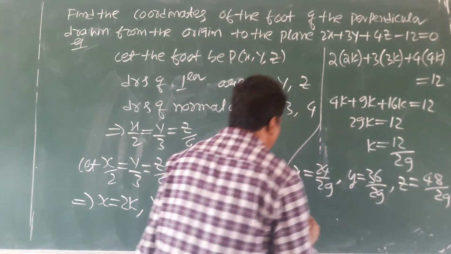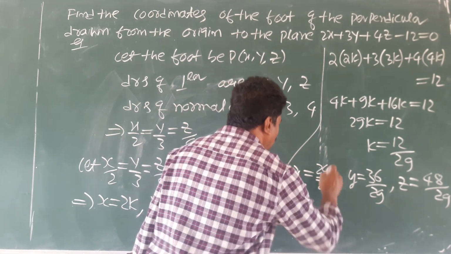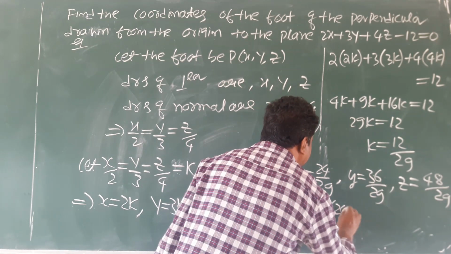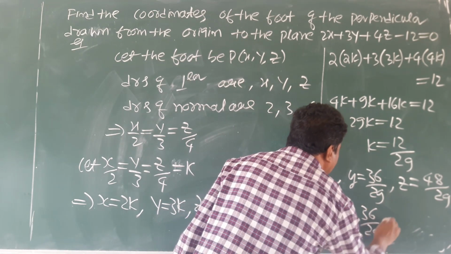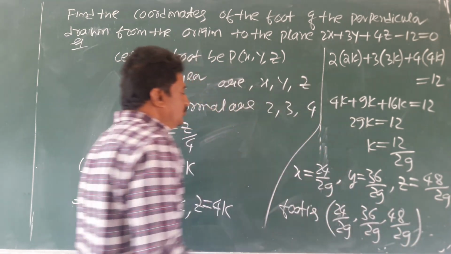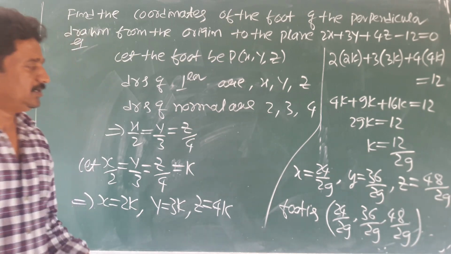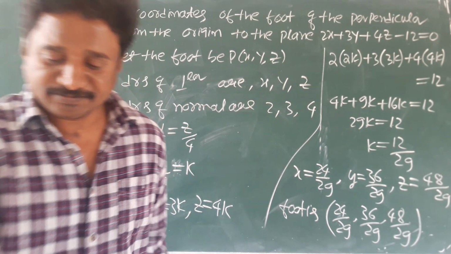So write that the foot is 24 by 29, 36 by 29, 48 by 29.